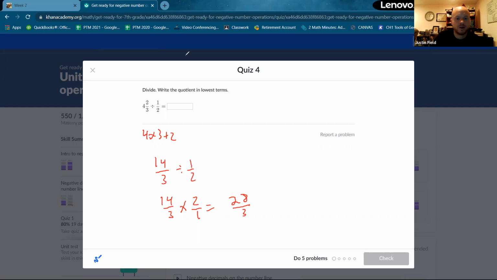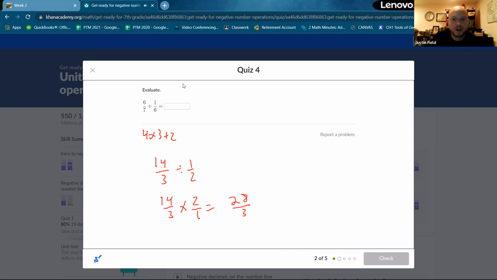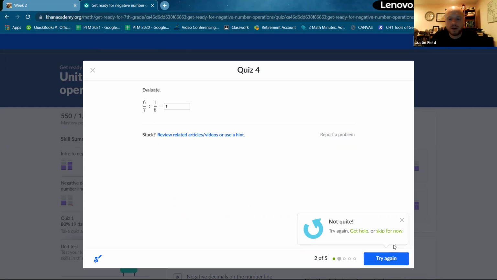And it says in the lowest terms, but 28 cannot actually be divided by 3. So that is the lowest, and they don't have a common factor. Okay. So again, you just flip and multiply. I'll let you do that one.